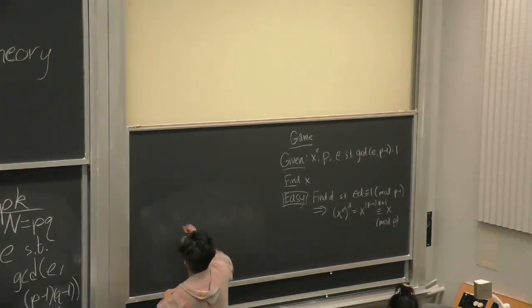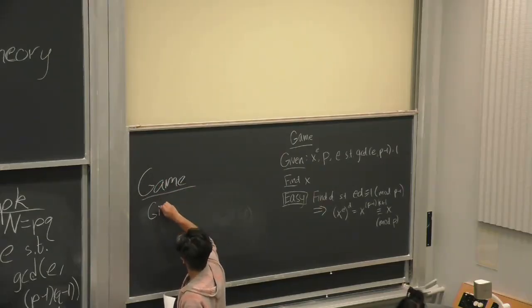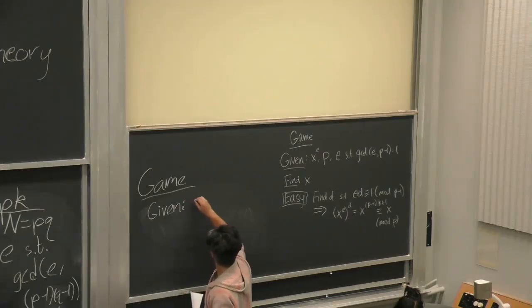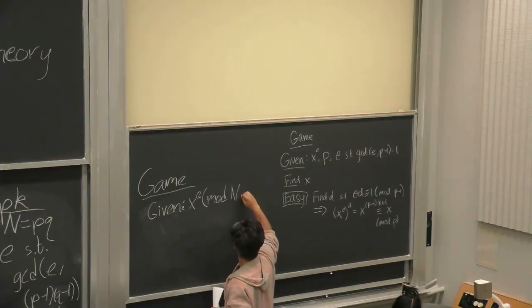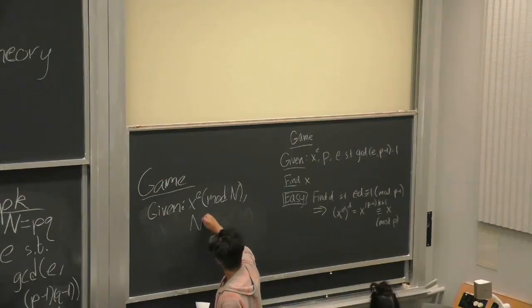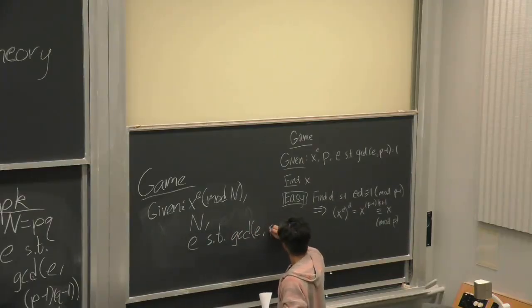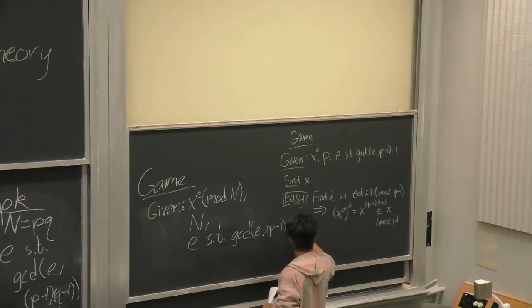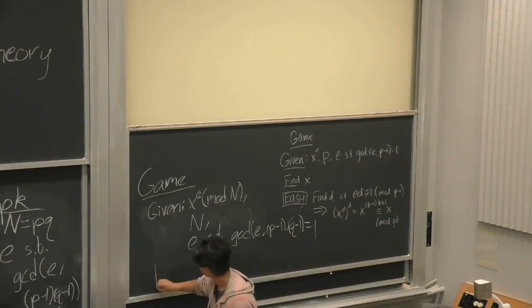The RSA game is: given x to the e mod n, n, and e such that the GCD of e and (p minus 1)(q minus 1) is equal to 1, the game is to find x.